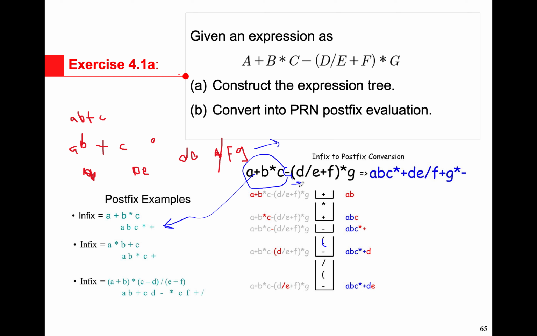Then you will continue, you will meet the D. When you have meet the D, you meet the multiplication divisions. You're going to store it here. After your divisions, you will meet your E. That's why you will come out to here.